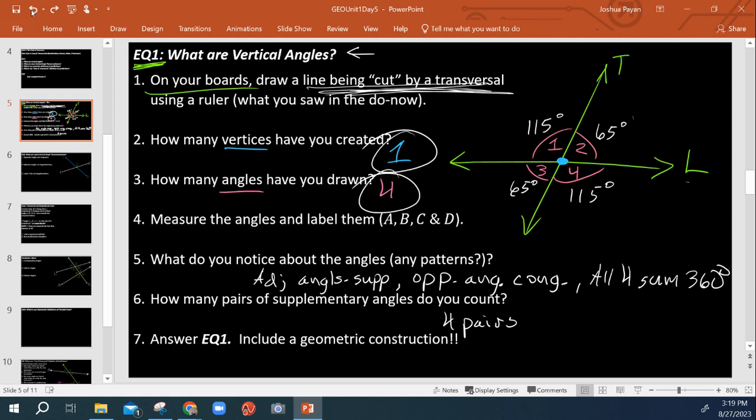That means adjacent angles, angles 3 and 4, or angles 1 and 3, and so on, are going to be supplementary. Opposite angles will be congruent. So 1 is opposite of 4, they're congruent. 2 is opposite of 3, they're congruent. We're going to have 4 pairs of supplementary angles, so you get the idea.